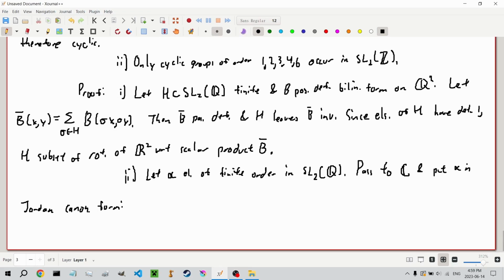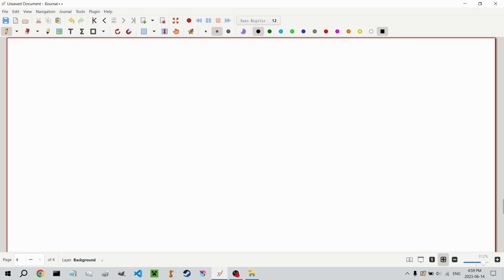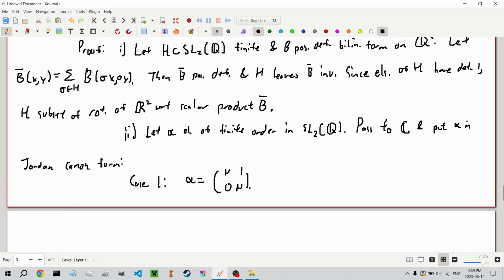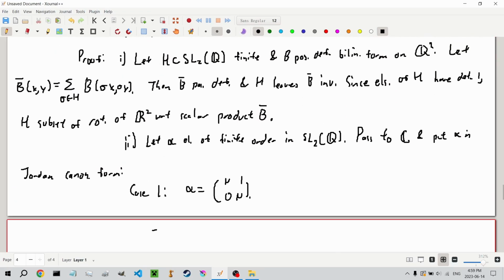Case 1 is where alpha is of the form mu 1 0 mu. Then alpha does not have finite order.